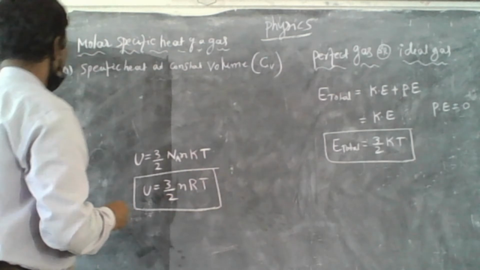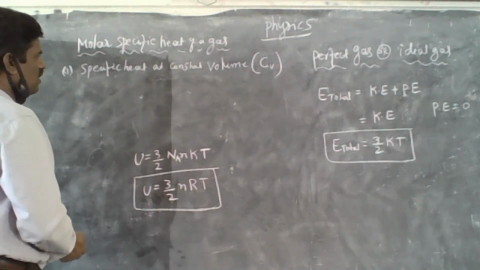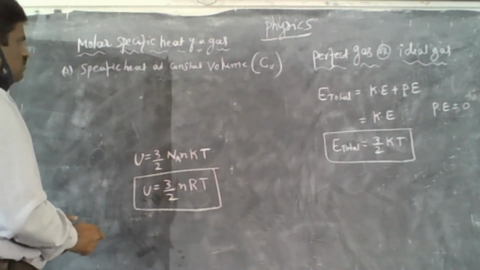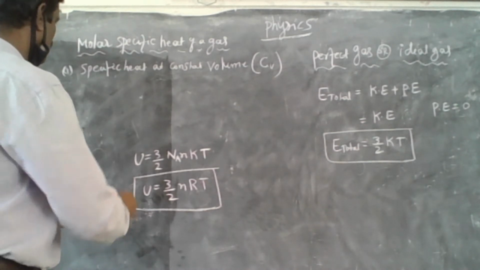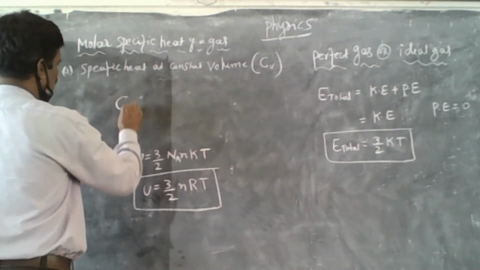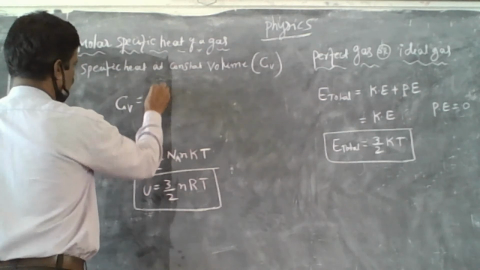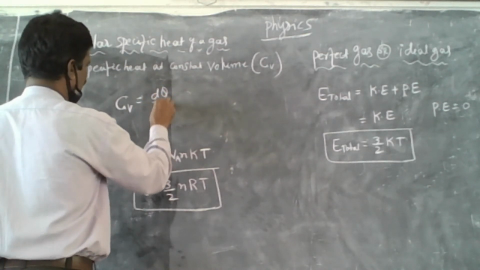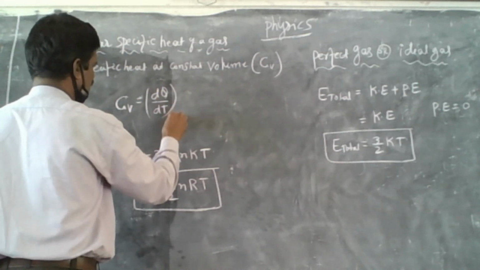This is known as the specific heat at constant volume of a gas. Here, therefore, CV is equal to dQ by dT at constant volume.